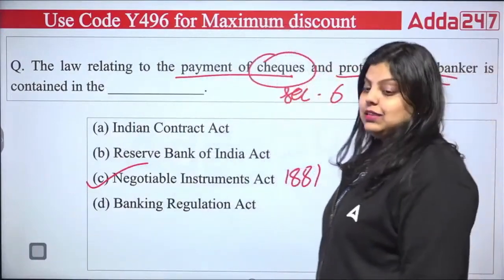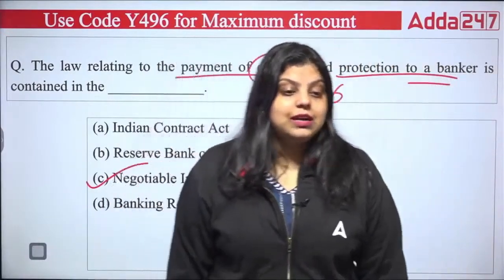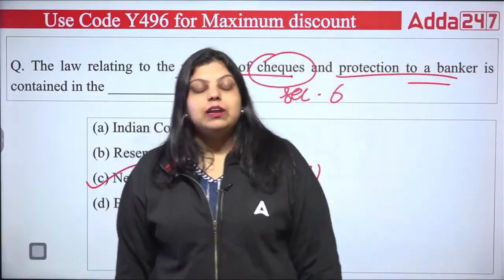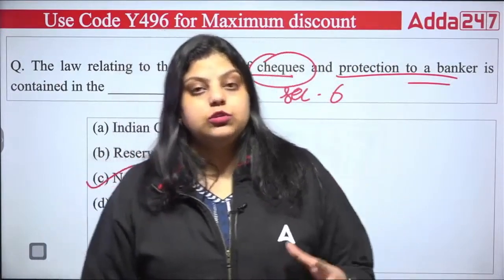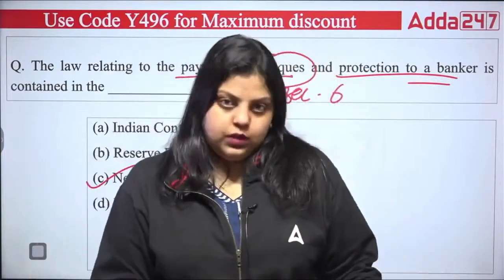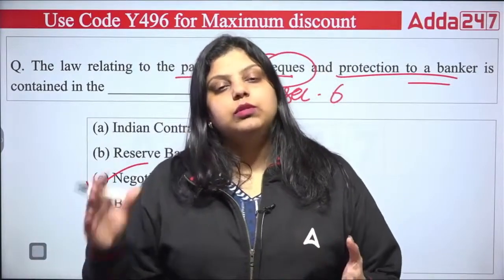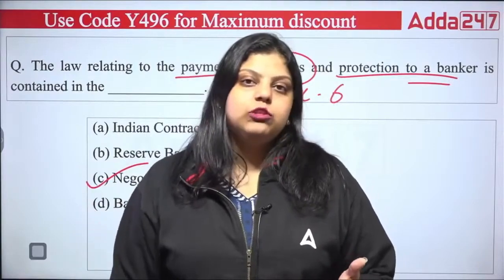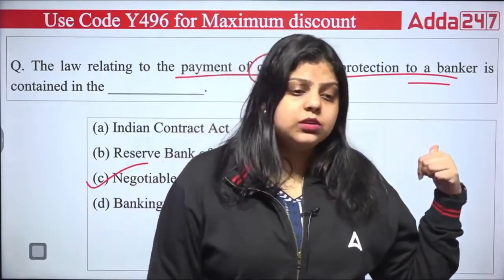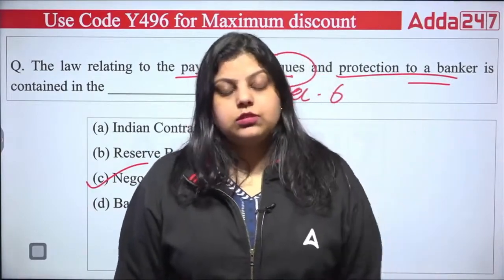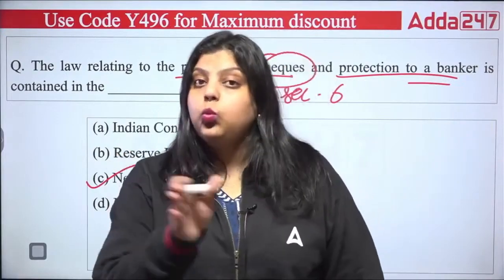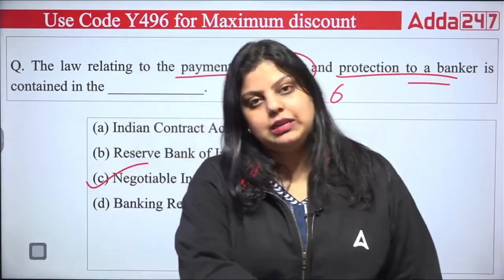Apart from that, the CTS was also introduced. What is CTS? That is the Check Truncation System. The Check Truncation System was introduced to stop the physical movement of checks, and it is defined under Section 6(1) of the Negotiable Instruments Act 1881.